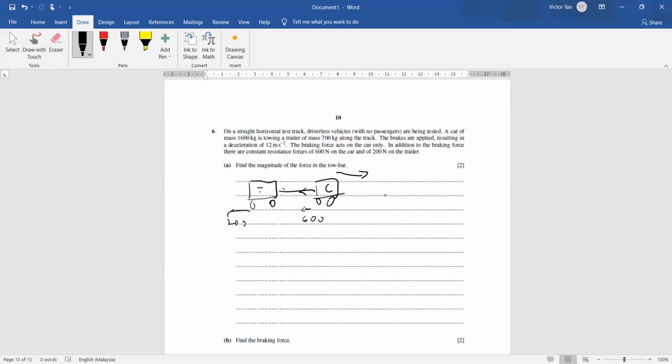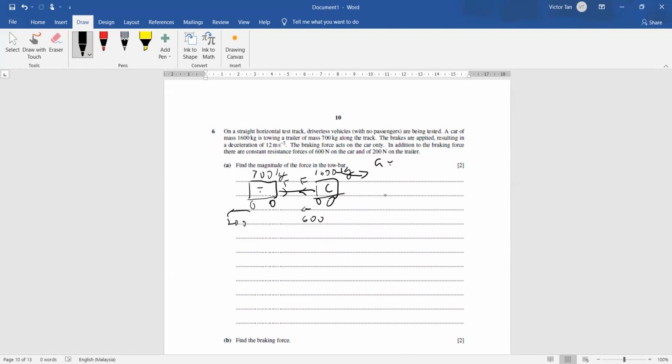So this is the force on the tow bar. This is 1,600 kilogram, 700 kilogram.